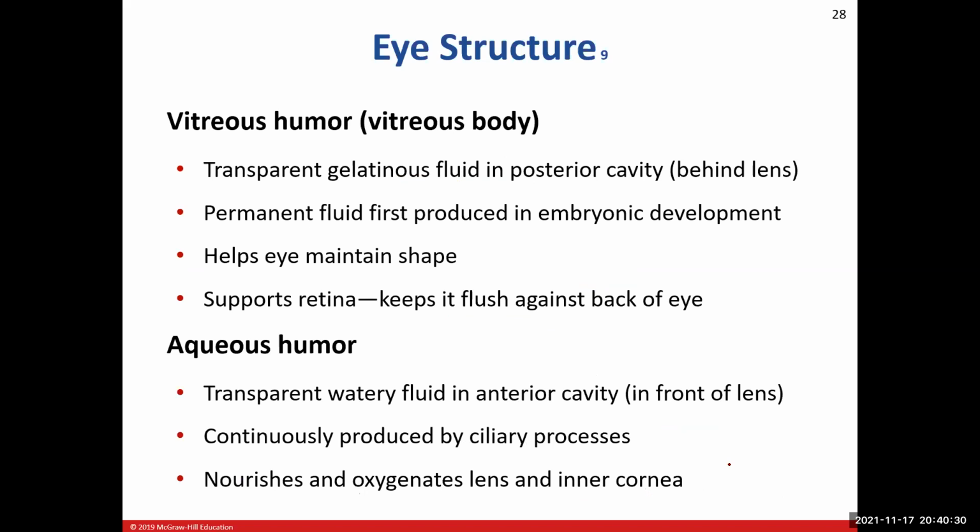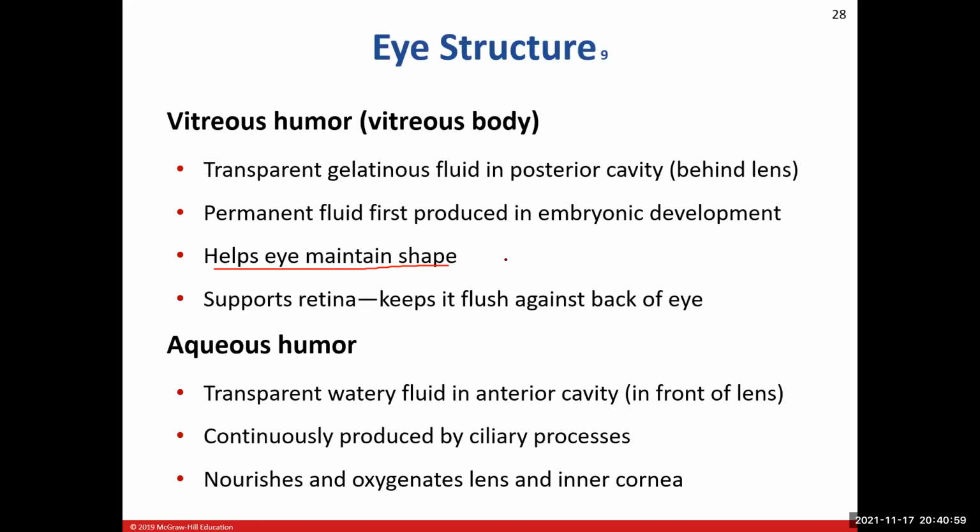All right, just a couple more structures here that I want to talk about quickly with the eye. We have our vitreous humor. That's that permanent goo that sits in the posterior cavity behind the lens. The job of this structure is to maintain the shape of the eye, and it helps to push the retina against the other tunics.